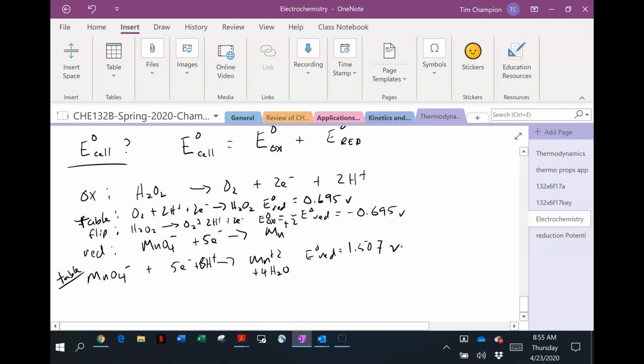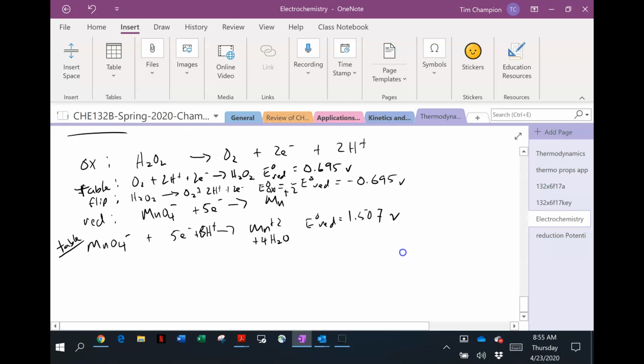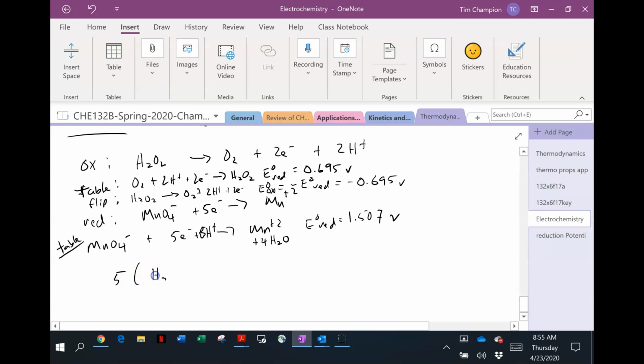So to do this reaction, if we put them together, we've got 5 times the H2O2 goes to O2 plus 2H plus 2 electrons, and the potential for that half reaction is going to be negative 0.695 volts.